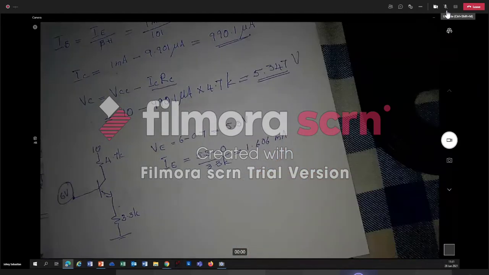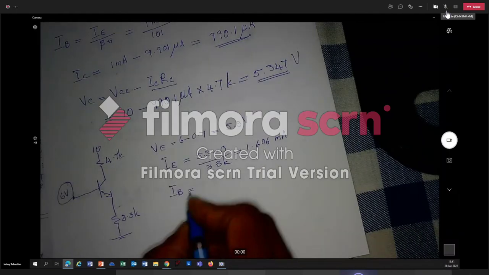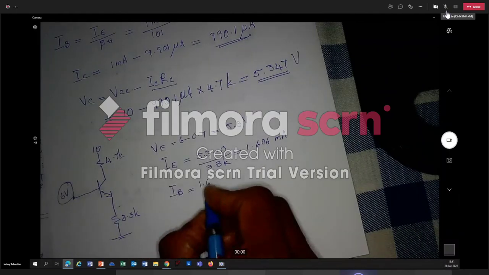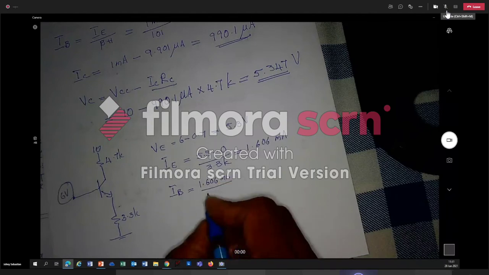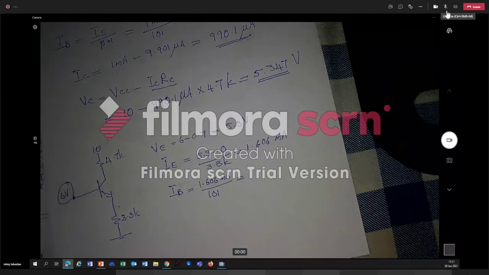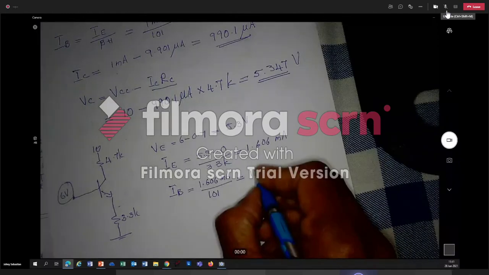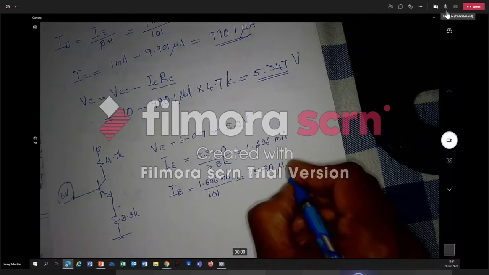What about the base current? Base current is 1.606 milliampere divided by beta plus 1, 101. That is 15.90 microampere.